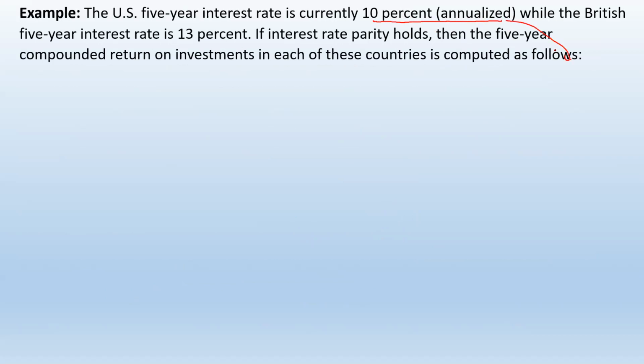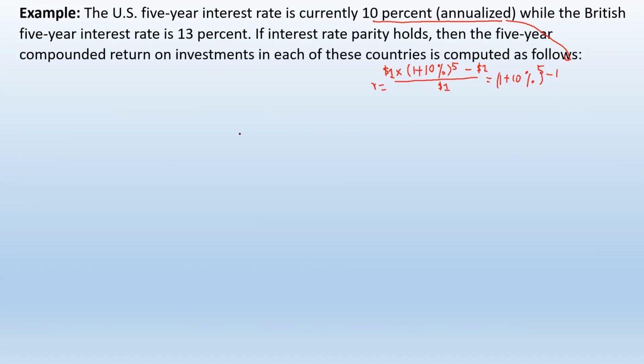So for 5 years, if you invest $1, your future value is 1 plus 10% to the power of 5, minus $1, divided by $1. This $1 is the initial investment.